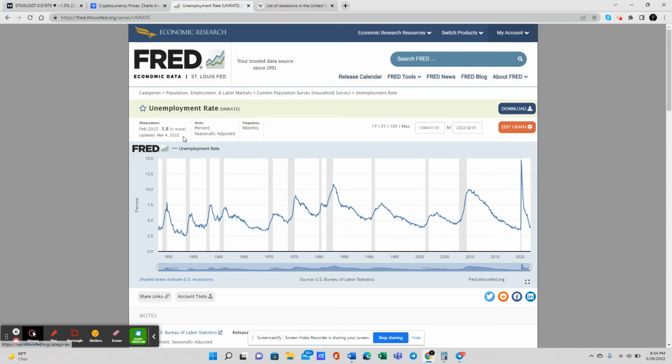On this chart right here, we're going from 1948 up to February 1st of 2022.